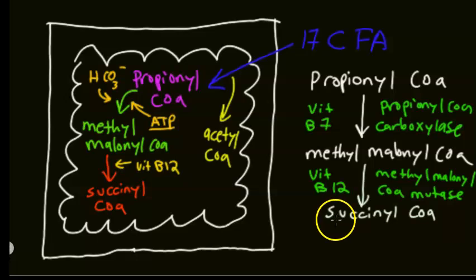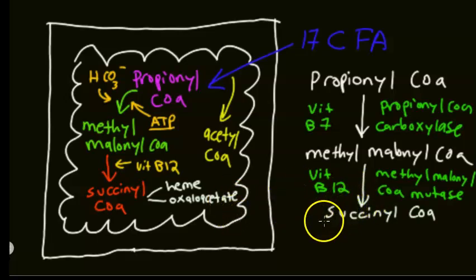Okay? So succinyl-CoA is very, very important, and it can do a lot of different things. For example, it can be used to make heme, which is important in hemoglobin, as well as porphyrin rings, super important. It can also enter the citric acid cycle, as I mentioned, and be turned into oxaloacetate. And if you guys recall, oxaloacetate can be used in gluconeogenesis.